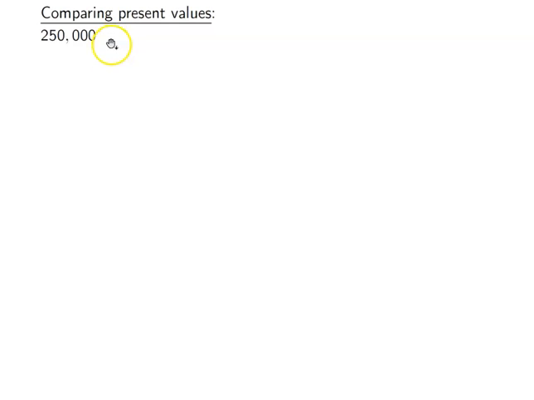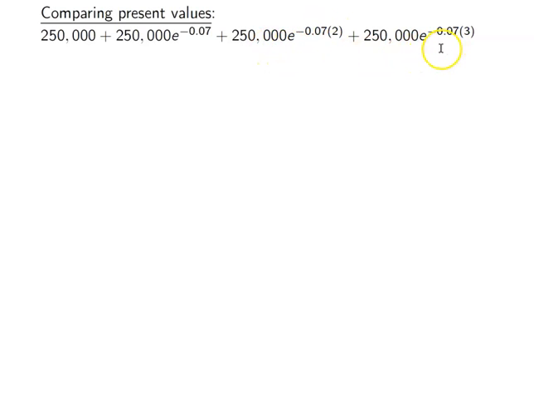So comparing the present values, I have the $250,000 that I get right away. We could say that this is the last one, right? It's kind of like working backwards. The next one is going to be missing 1 year's worth that it can grow. This is going to be missing 2 years worth of growth. And the last one misses 3 years worth of growth, right?